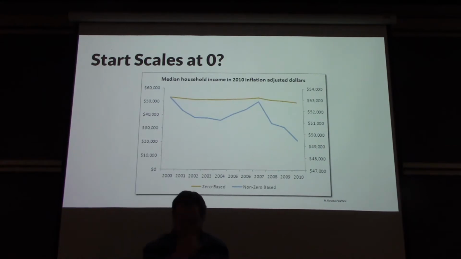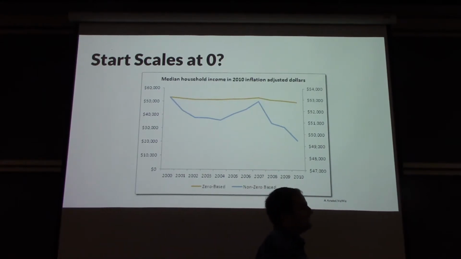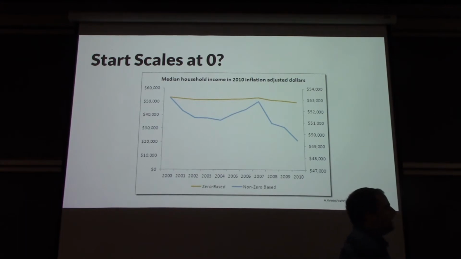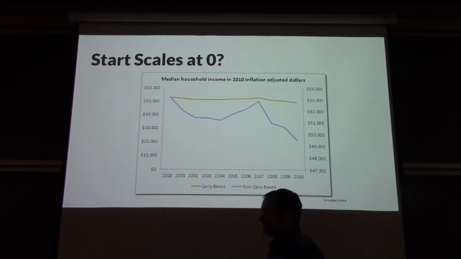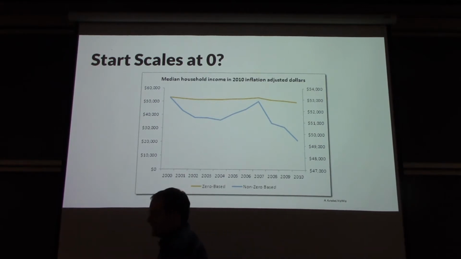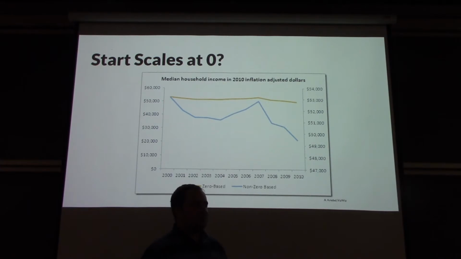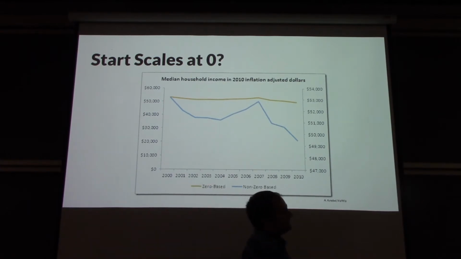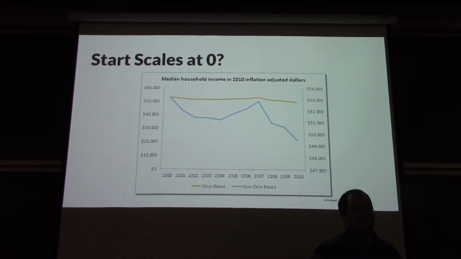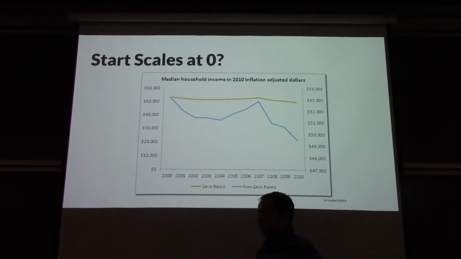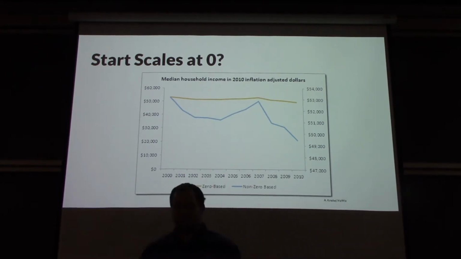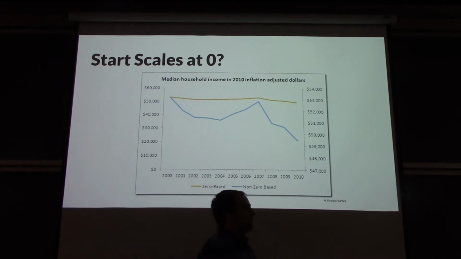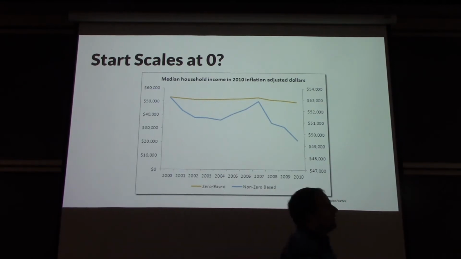So there's this debate about scales and how to start scales at 0. If you talk to visualization practitioners, you will find that many people say, well, if you have a bar chart, you never should start your scales at 0. If you have a line chart, that's fine. And I would say that is probably not a good rule. I would say that it always very much depends on what you're trying to communicate and how you want to be honest.